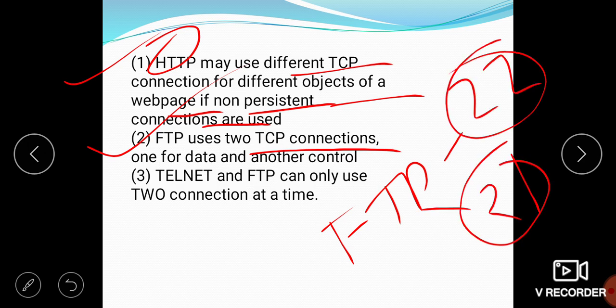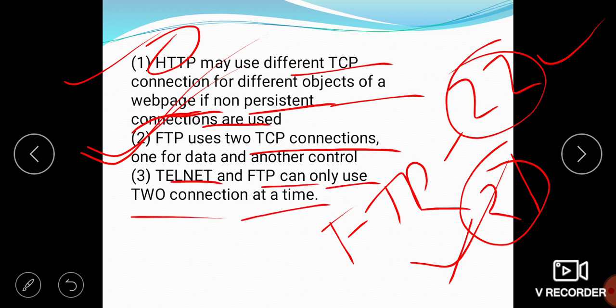It uses two port numbers, one for data and another for control. So for this reason FTP uses two port numbers, and this is true. But telnet and FTP can only use two connections at a time is not true, because telnet uses only one connection, only one port number.